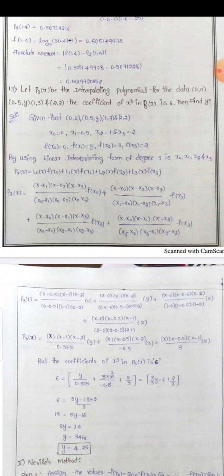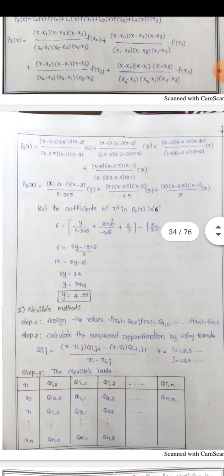P3 of x is equal to x minus 0.5 into x minus 1 into x minus 2 by 0 minus 0.5 into 0 minus 1 into 0 minus 2 into 0, plus x minus 0 into x minus 1 into x minus 2 by 0.5 minus 0 into 0.5 minus 1 into 0.5 minus 2 into y, plus x minus 0 into x minus 0.5 into x minus 2 by 1 minus 0 into 1 minus 0.5 into 1 minus 2 into 3, plus x minus 0 into x minus 0.5 into x minus 1 by 2 minus 0 into 2 minus 0.5 into 2 minus 1 into 2.